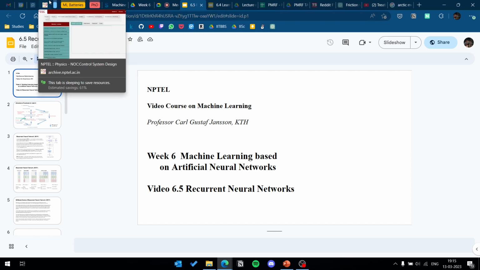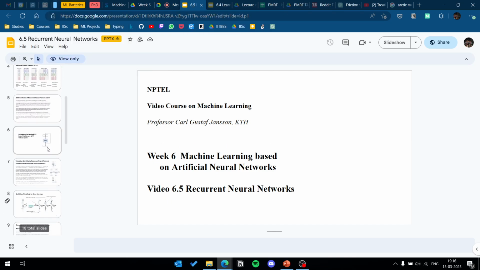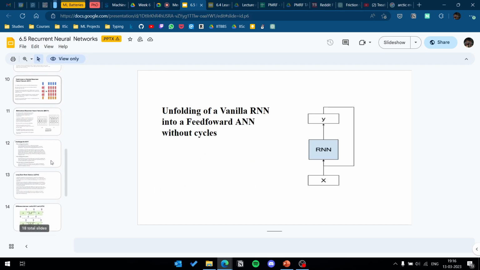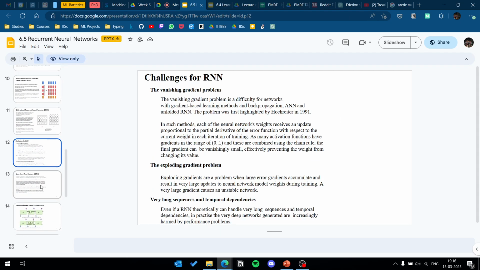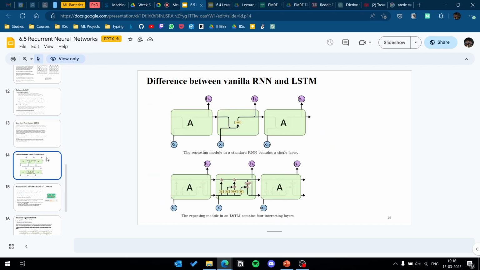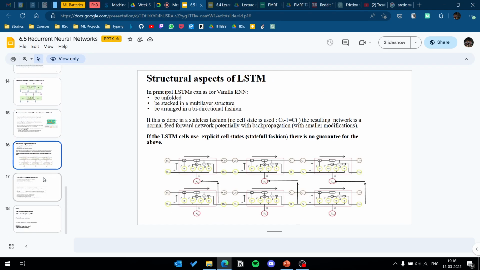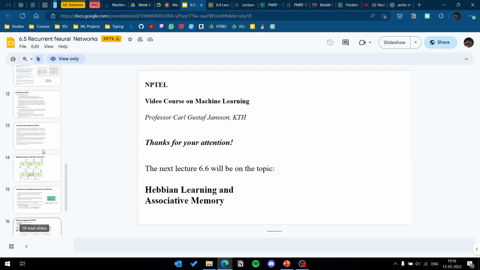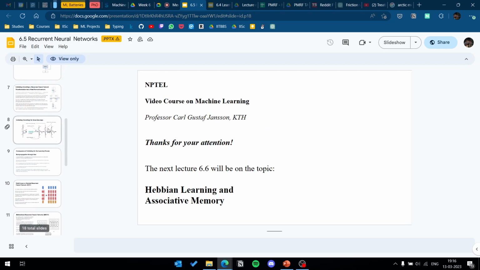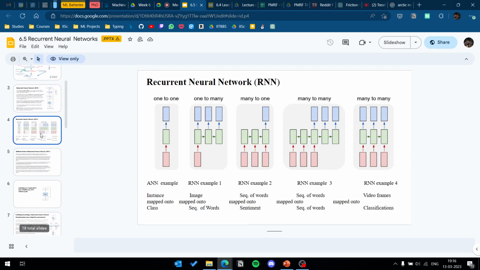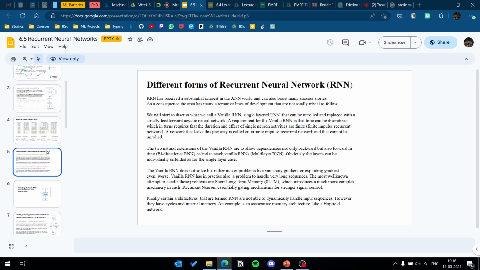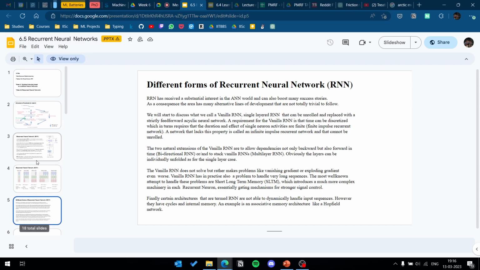Okay. So yeah, we have RNNs. There are the types of RNN. Okay, this is all. So one type of RNN is obviously the... yeah.